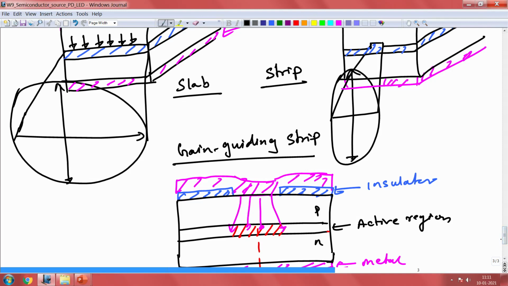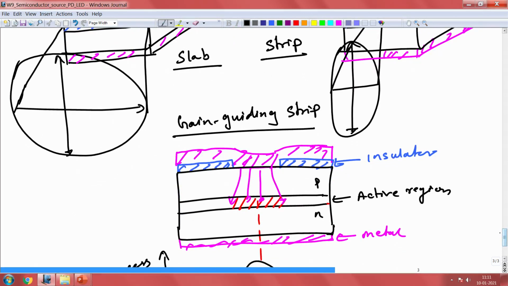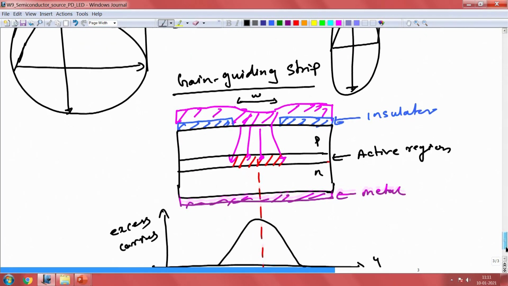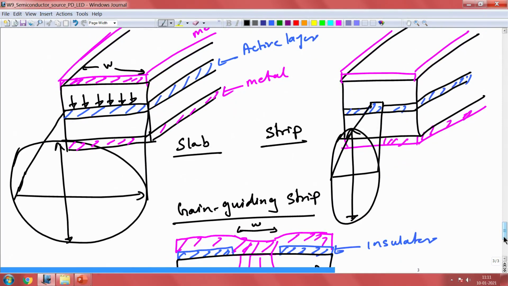When you modify your injection, we can nicely make this happen. So we can control this width, right, as you like, so that we can have very high confinement. All right. That is one thing, and this strip is index guiding, right. So this is strip or index guiding.